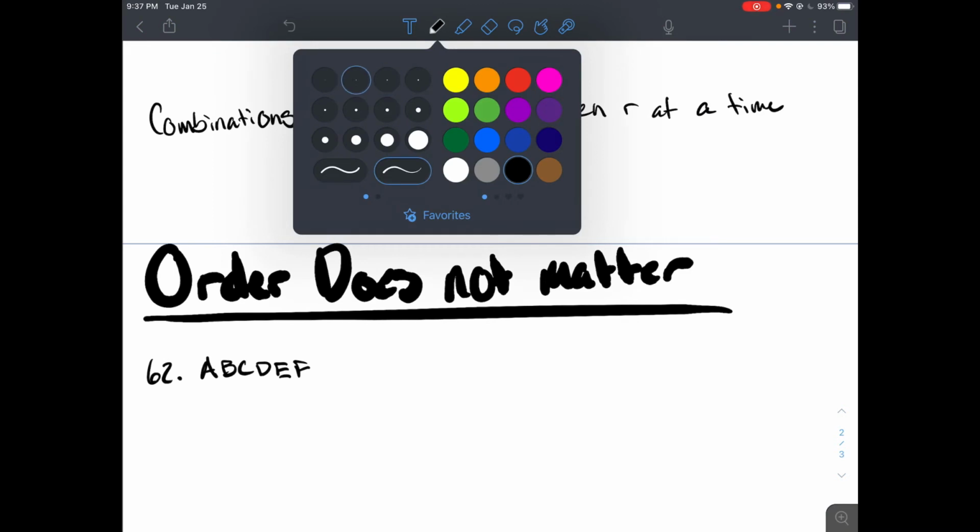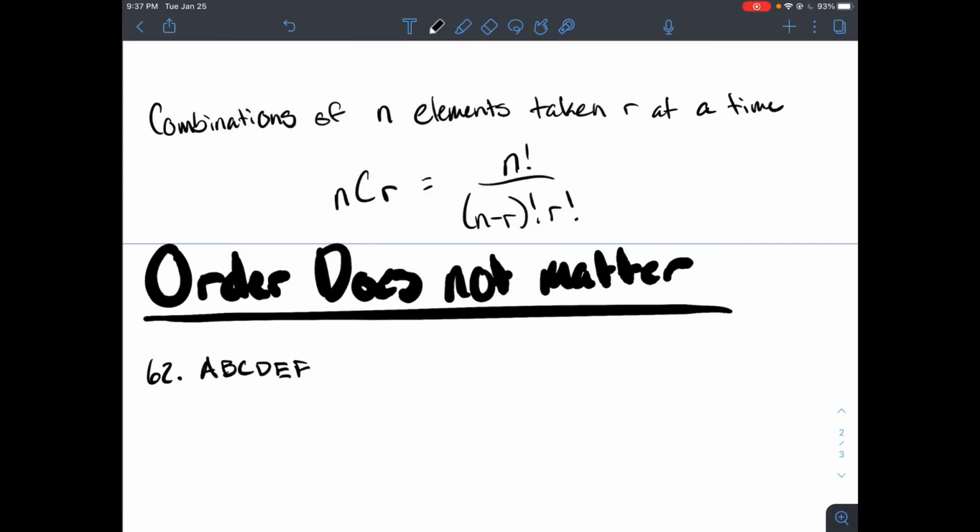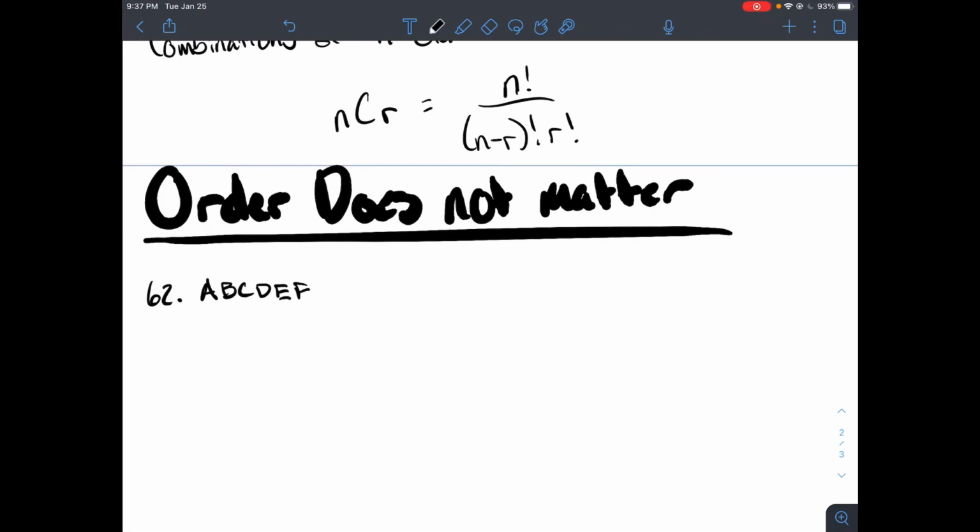So if we look at one of our possibilities for 62, picking out 3 of these letters, we can have ABC. In combinations, ABC is going to be the same thing as BAC or CBA. They all count for the same thing because the order does not matter.